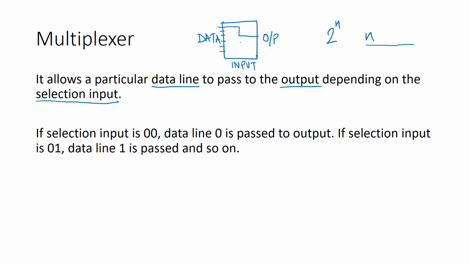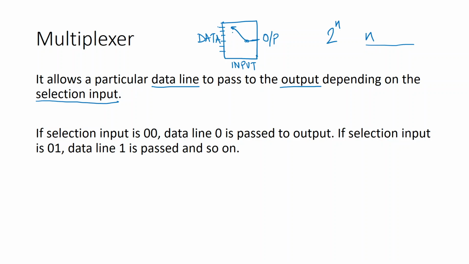One of the 2 to the power of n data lines can be selected and passed to the output. So it is like a switch, like a multi-pole switch. The multiplexer is like a multi-pole switch. It's as if from the output there is a switch waiting to be connected.